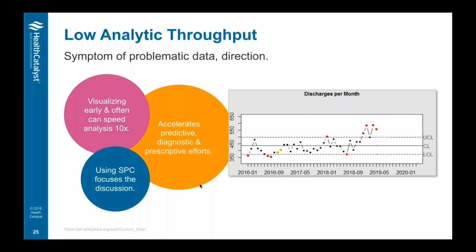Well, one is to be able to start any analytic project with a basic visualization of what we are seeing in the data. And here we would suggest using a statistical process control chart because it does a couple of things for us. First off, we can't build the chart until we've clearly identified a population.